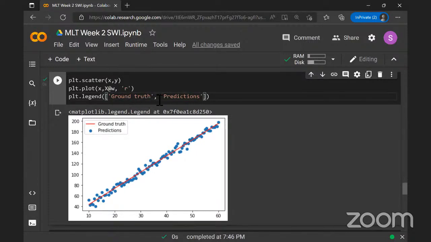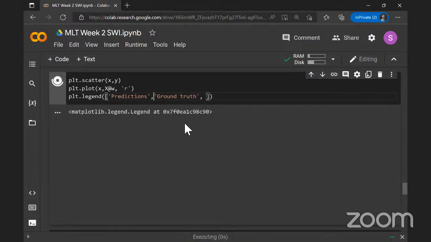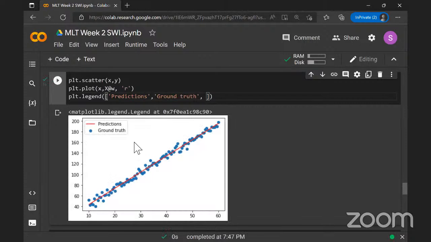They are interchanged. Predictions should come later. Okay, now it is corrected. So the ground truth points are the blue ones and the red is our model, the predictions.